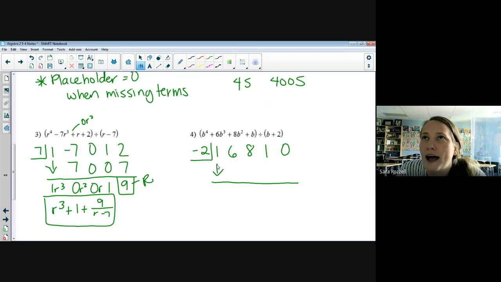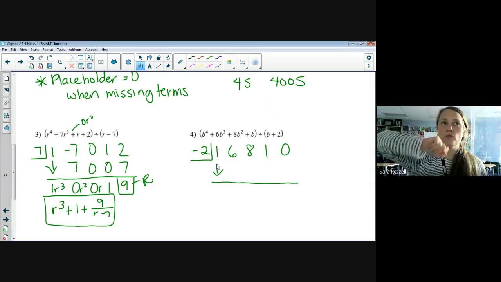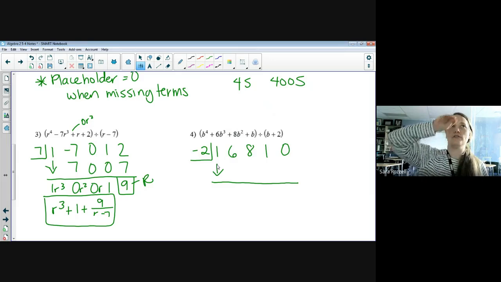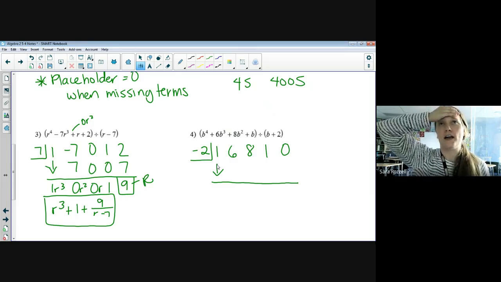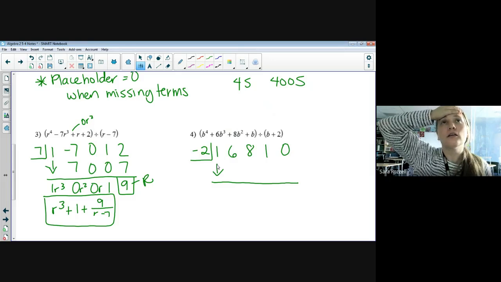April, come a little bit higher. You need to drop the 1 at the very beginning. Drop your 1 down, and that's what you start to multiply with. So you'll do 1 times -2 first, and that goes under your 6. Okay, good.